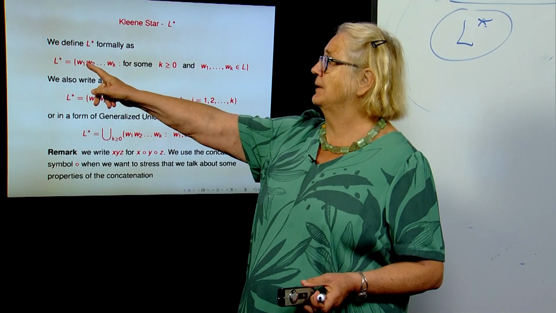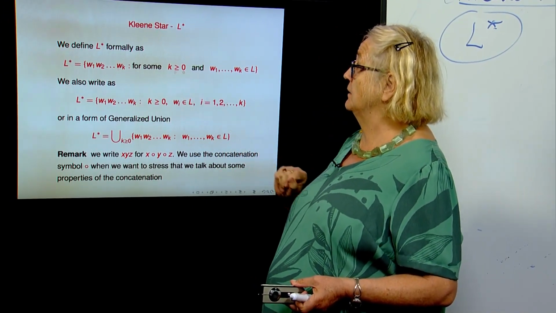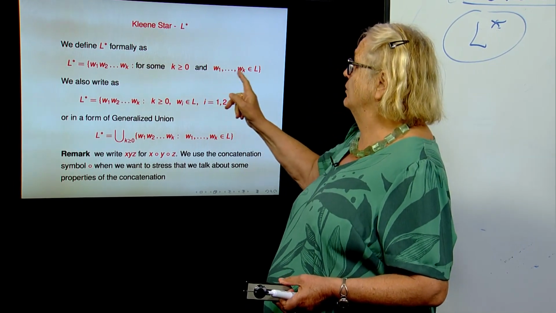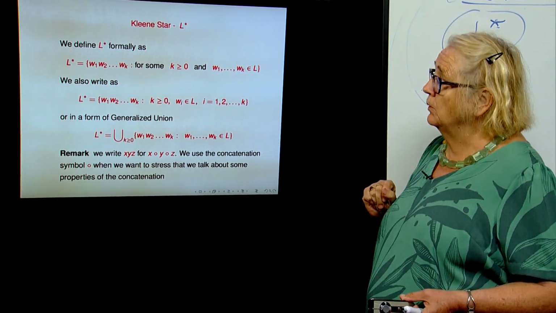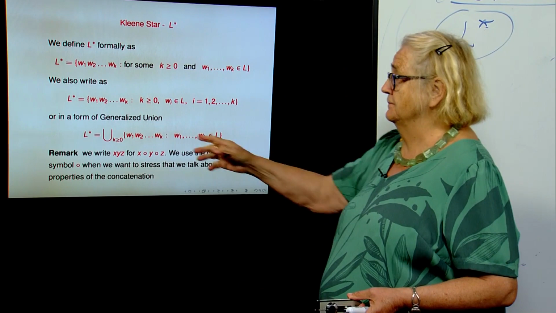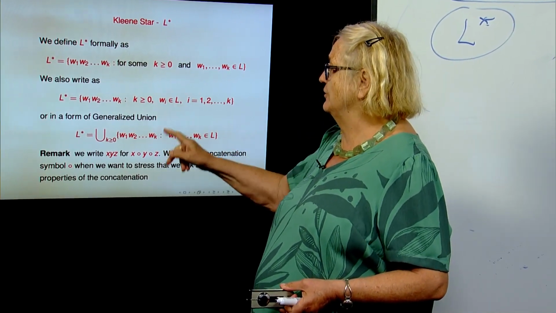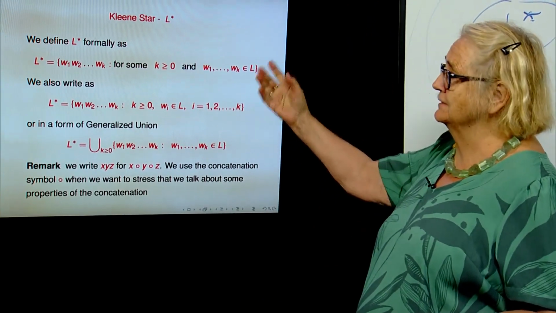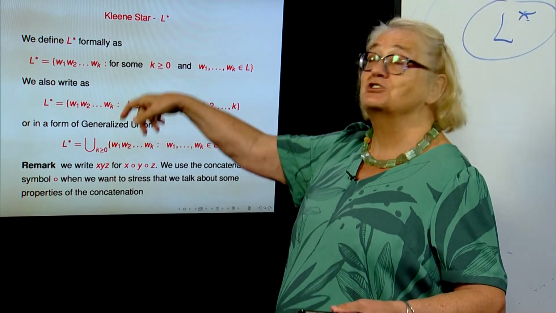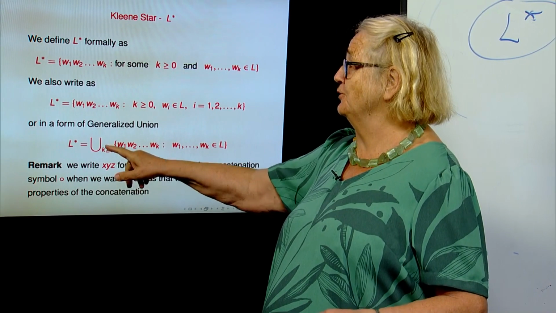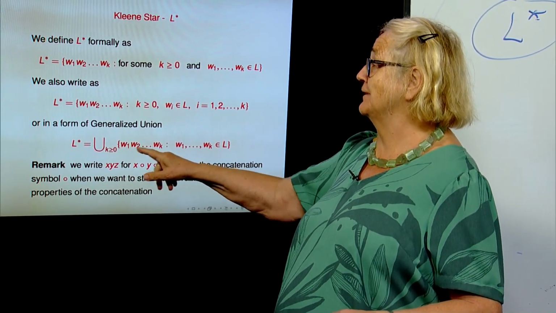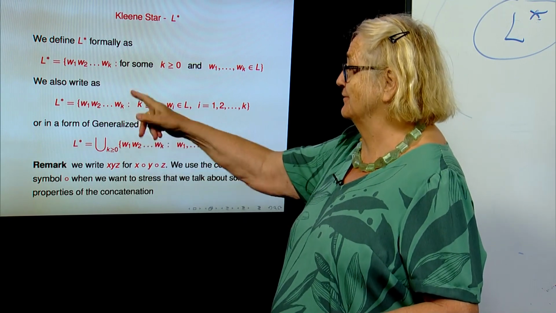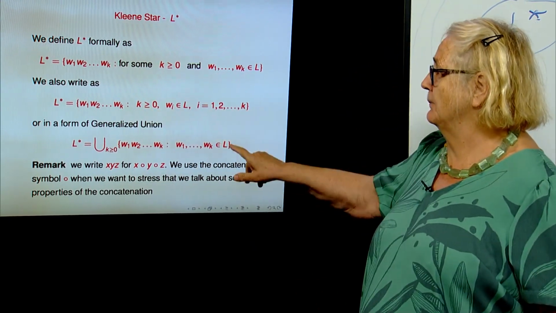L star is the set of W1 through Wk, k greater than or equal to 0, where W1 through Wk are in L. Or you can write it a different way, W equals W1 through Wk, with each Wi in L. Or also you can write the generalized union over k greater than or equal to 0 of the sets of W1 through Wk, you see, because of length 1, with W1 through Wk in L.